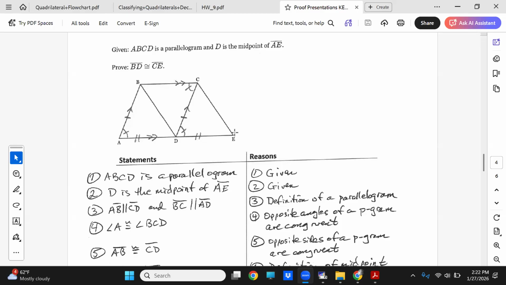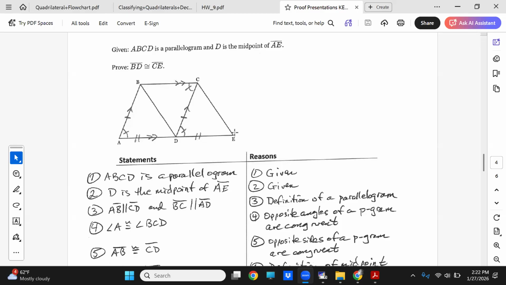So then we said that AD and DE are congruent because of the definition of the midpoint. And then we said that AB is parallel to line DC because of the definition of parallelogram.